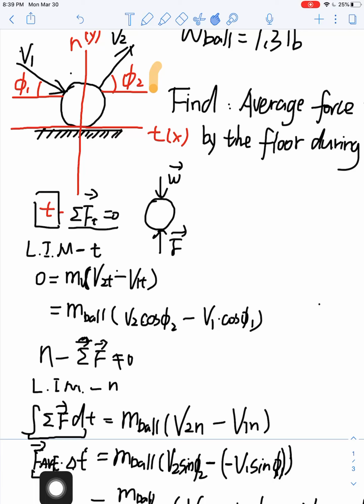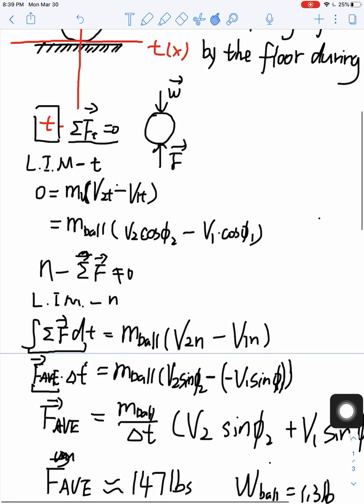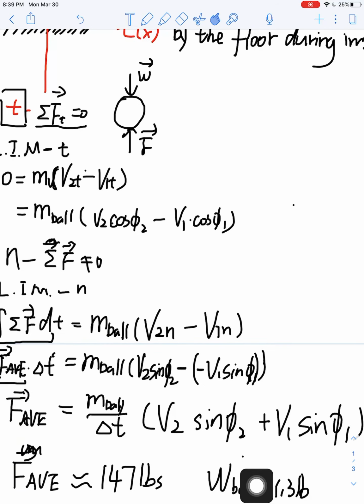And on the left hand side of the equation, since we're trying to find the average force by the floor during the impact, we can rewrite this integral as the average force times the period of time during impact, which is delta t. Since this average force is what we're trying to find, we can move this delta t term to the other side of the equation, and we should be able to get an expression for the average force in this case.